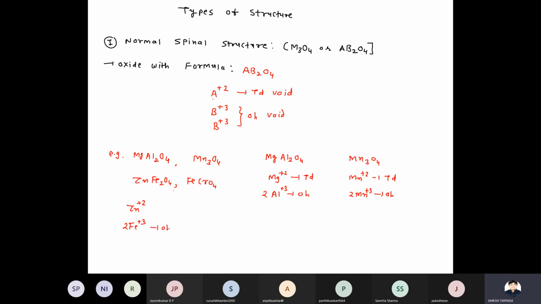So Fe+3 is in octahedral and Zn+2 is in a tetrahedral void. This is called a normal spinel. In FeCr2O4, Fe+2 is there and 2Cr+3; Cr+3 is in octahedral void and Fe+2 is in a tetrahedral void. In short, the +2 metal is in a tetrahedral void. So this is called normal spinel.